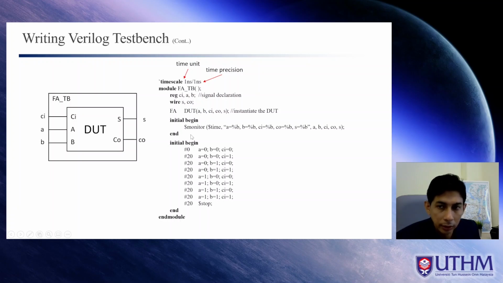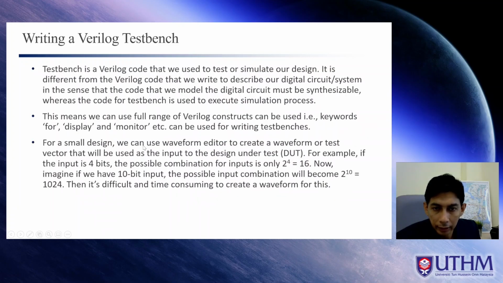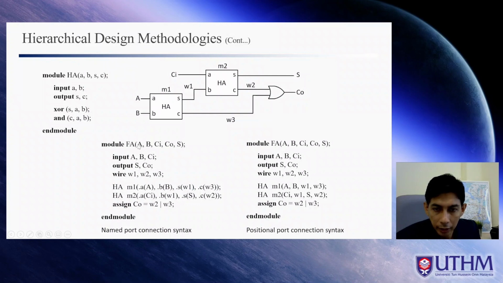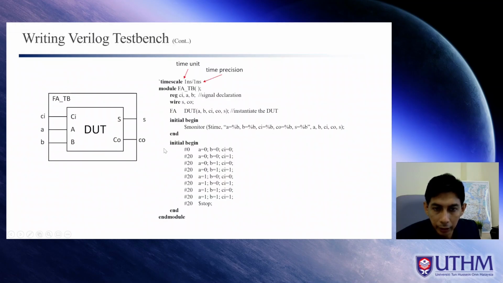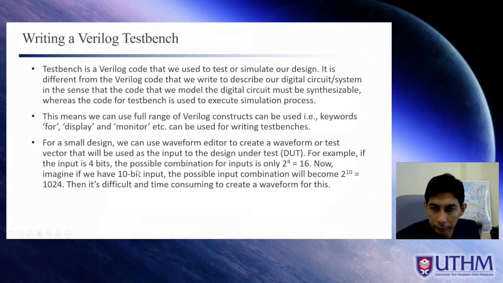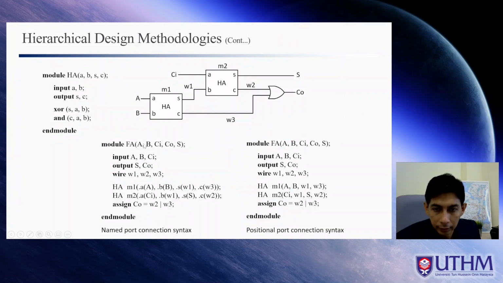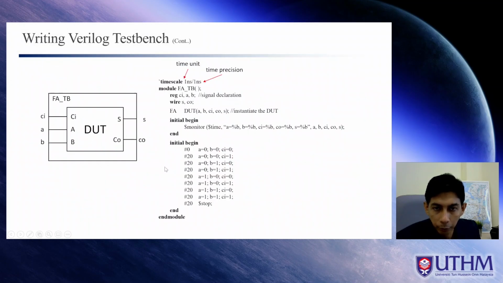Of course, the position is very important. You need to look at this. You start with A, B, CI, so this should be A, B, CI, and CO, S, just like this. Don't change the position because you use positional ports.